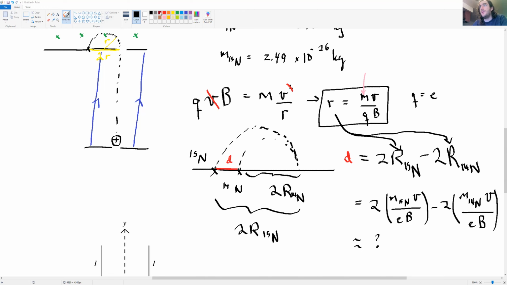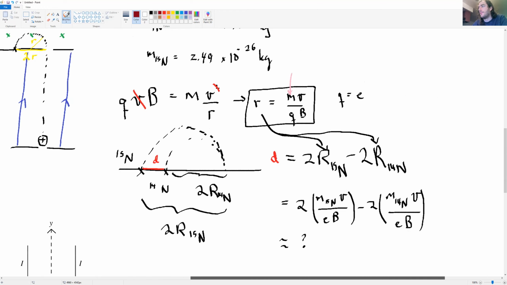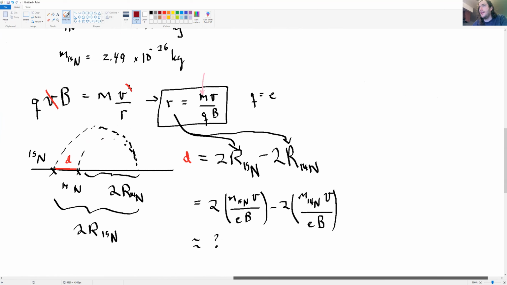Before we can actually plug things in here, we have to use the fact that the radius for the carbon-12 atoms is given to us as 12.5 centimeters, or 0.125 meters.